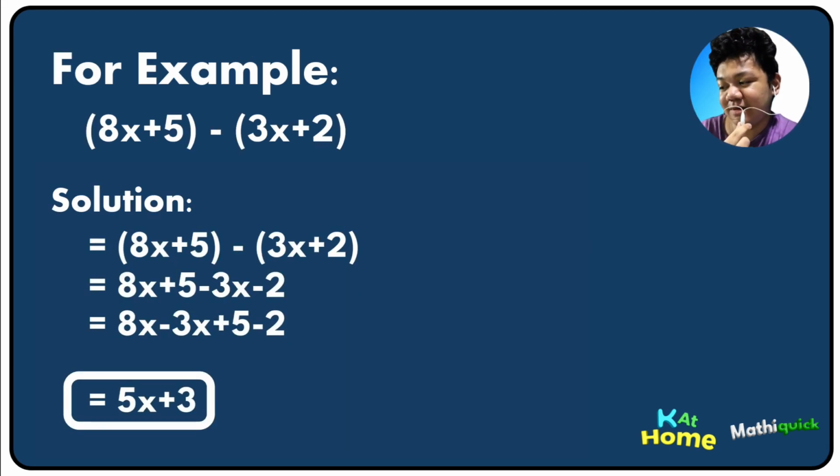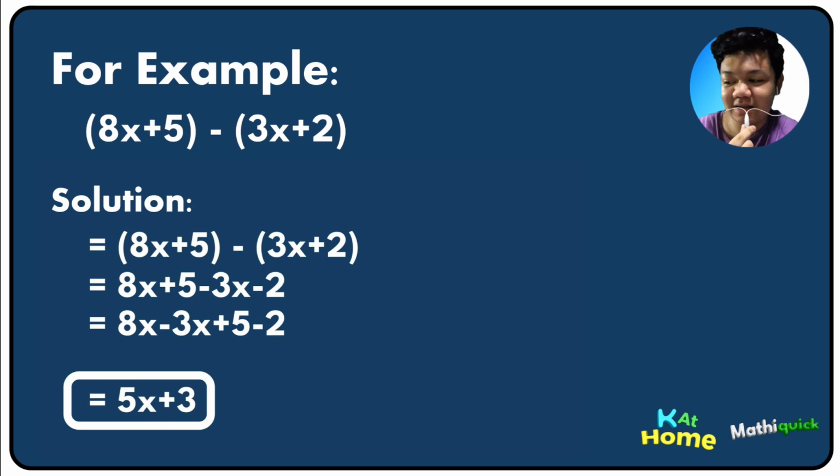For example, (8x plus 5) minus (3x plus 2). To start off, we need to identify which parentheses hold its terms inside, while also identifying the symbols between the two parentheses.